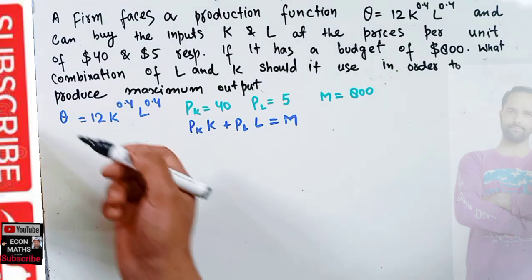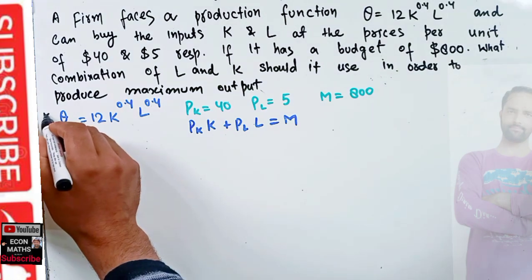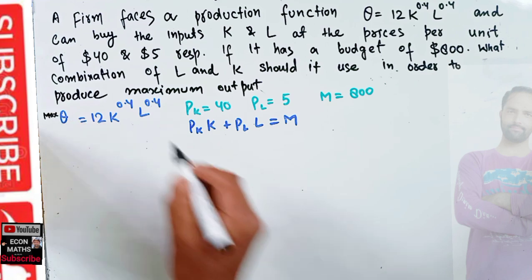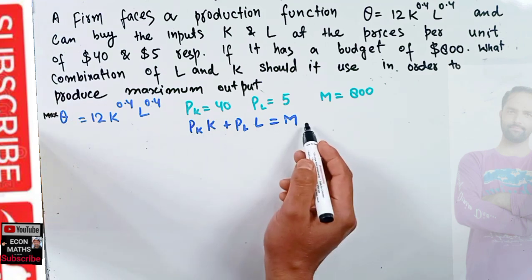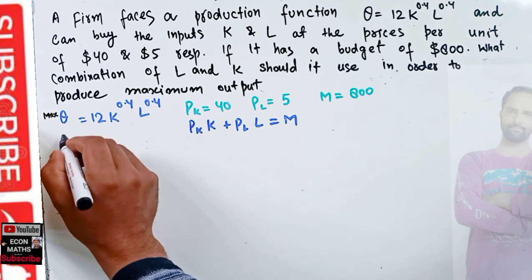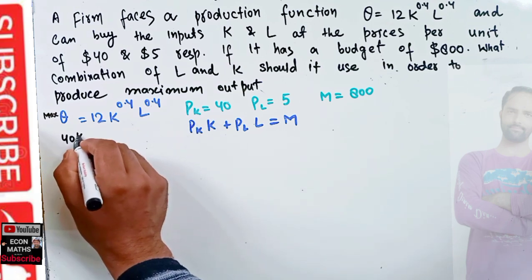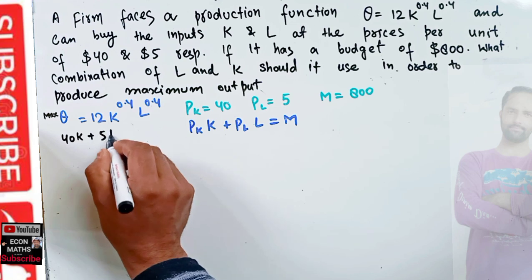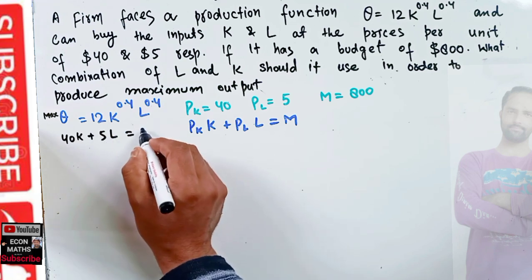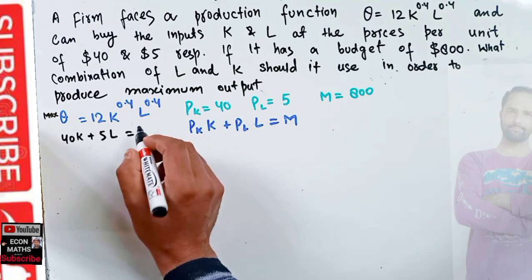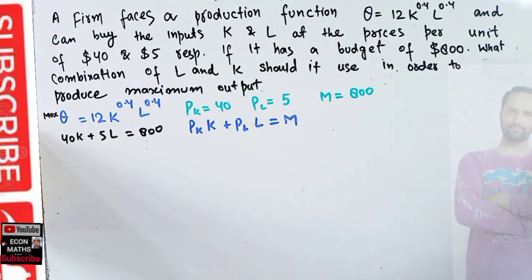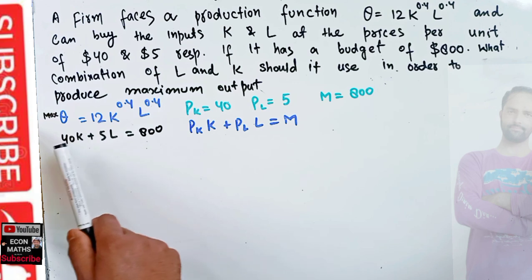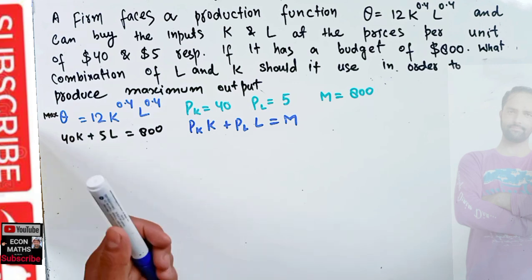So our question reduces to maximizing output subject to this budget constraint. That means 40K plus 5L should be equal to 800. In place of M we have 800. So we want to maximize this output subject to this constraint.